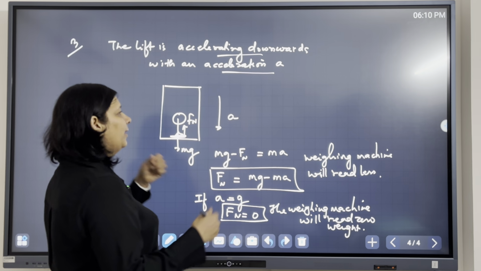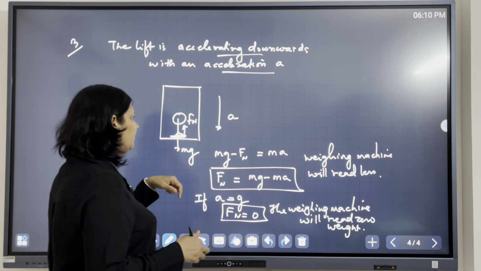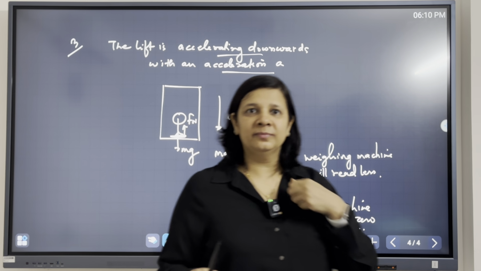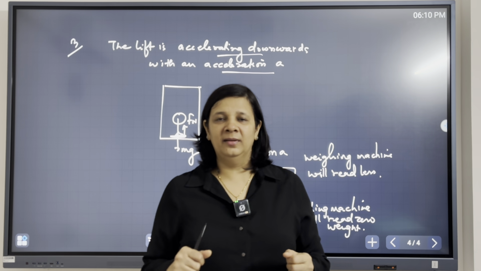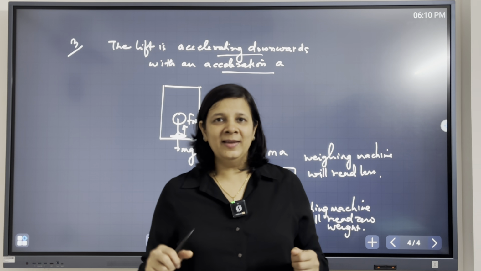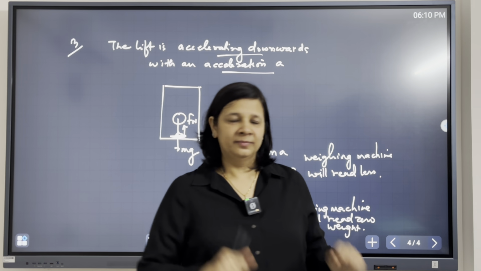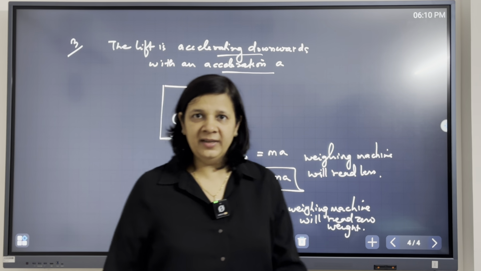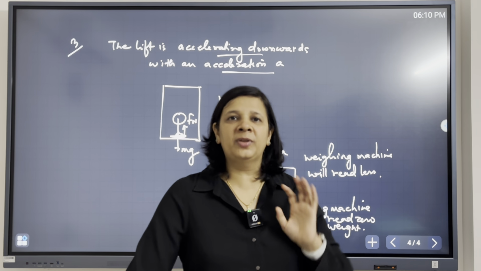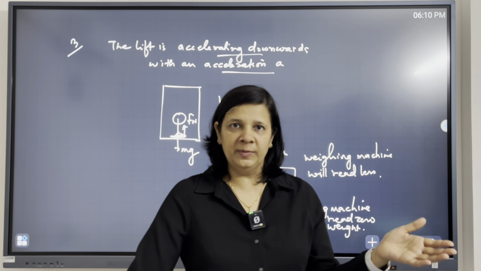Now, similarly, you can do what? For example, instead of the person and the weighing machine, if there are 3 blocks kept in the lift, and the lift is stationary, then also we can calculate. We will do connected body problems a little later on.